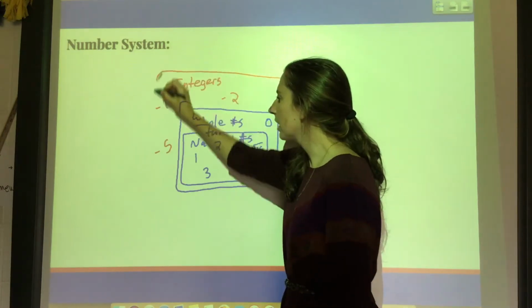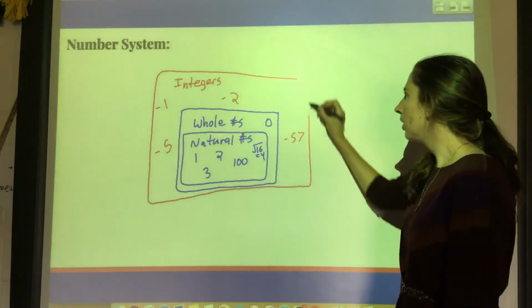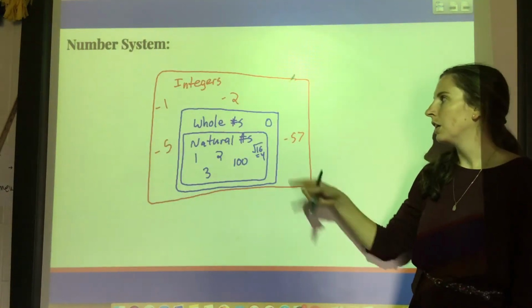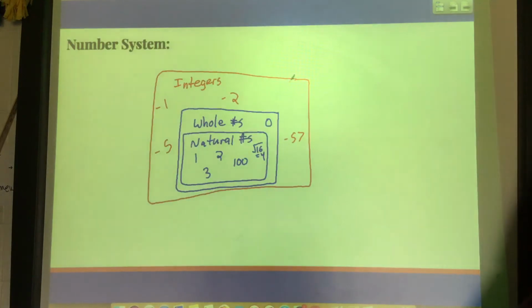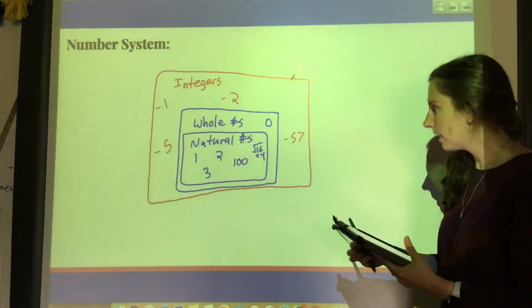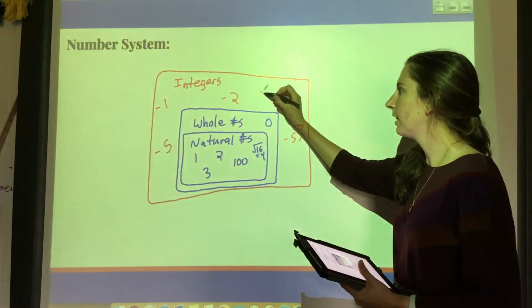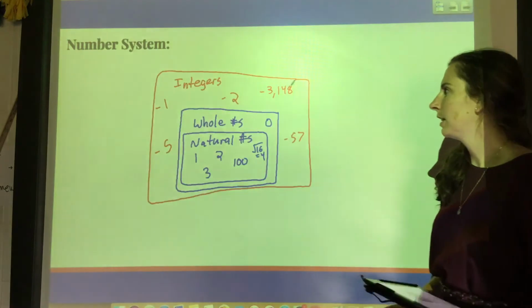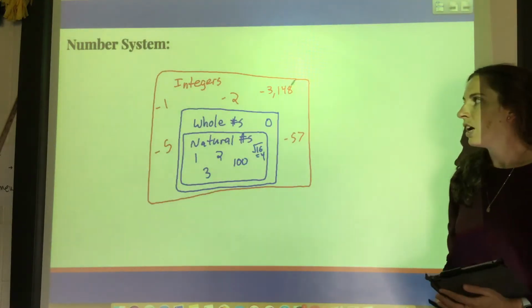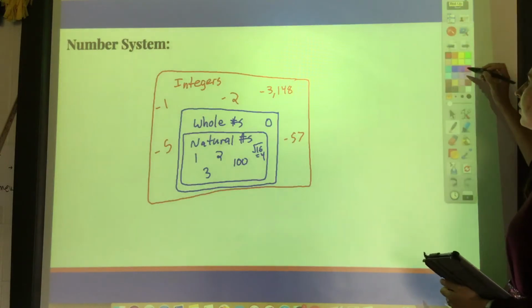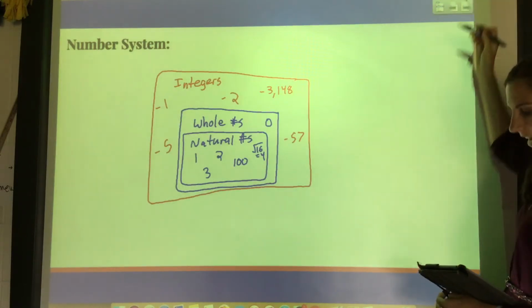So the integers include the whole numbers, but they also include negatives. And this includes really big stuff too, by the way, like -3,148. That's an integer.